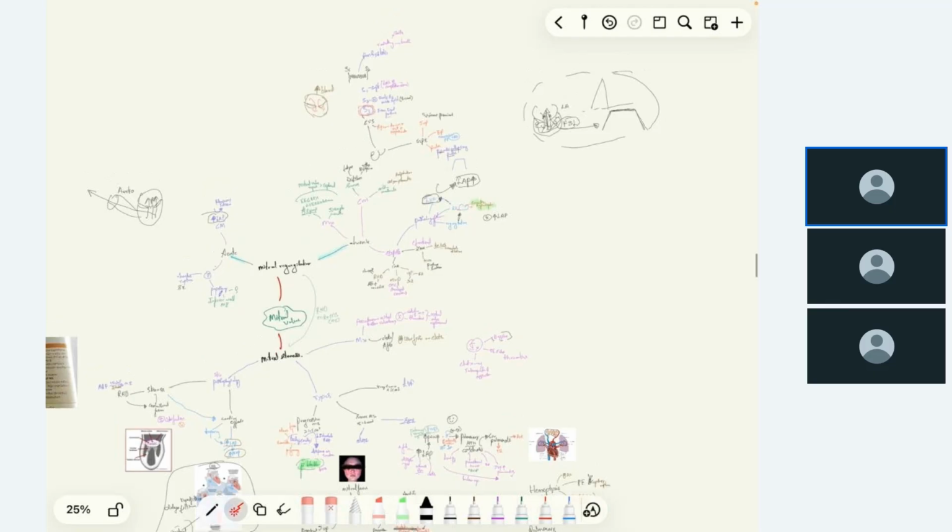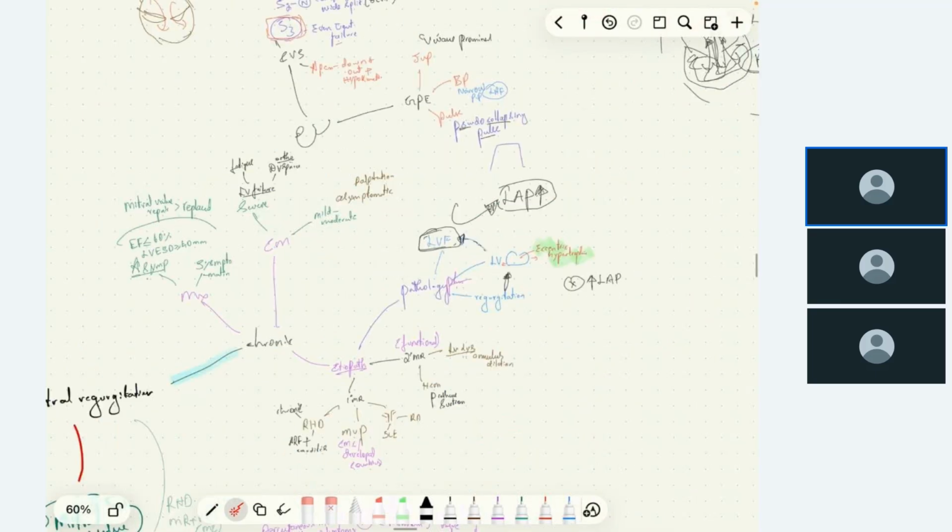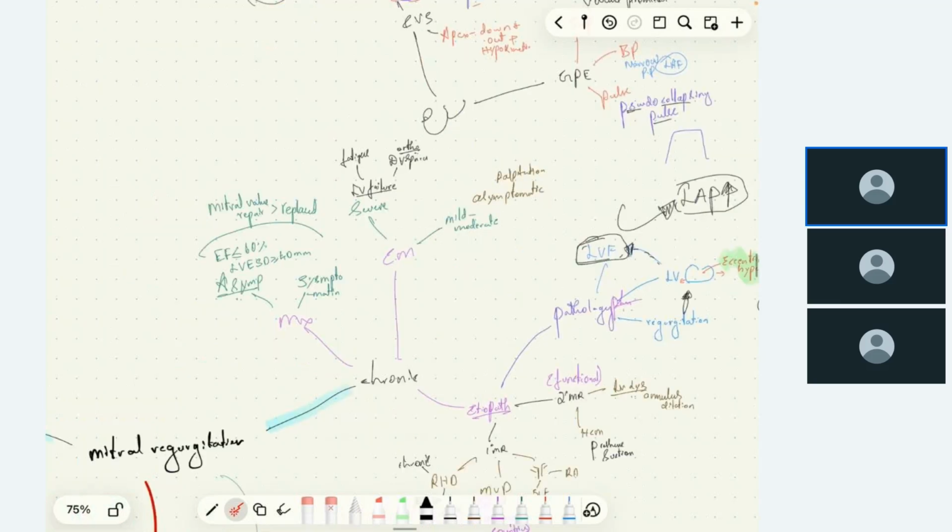Now, how to manage these patients? We have asymptomatic patients and symptomatic patients. The asymptomatic patients are treated only when they have an ejection fraction less than 60% and a left ventricular end systolic pressure more than 40 mmHg.